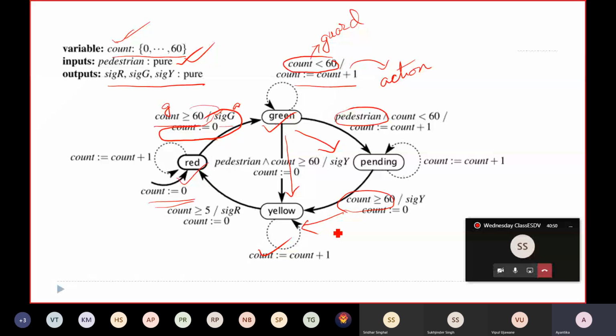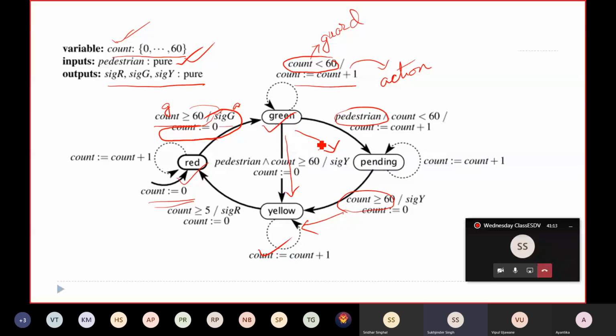It may happen that it retains the green state and basically makes the transition if the pedestrian is high. I understand, from green to pending. I'm getting a little confused.